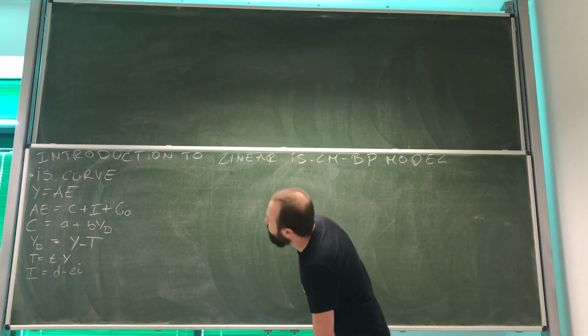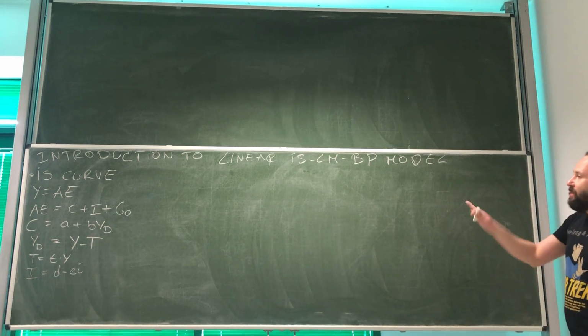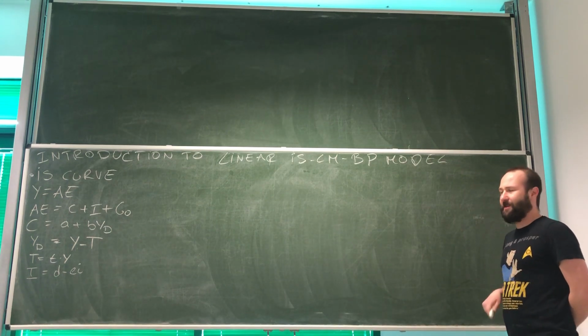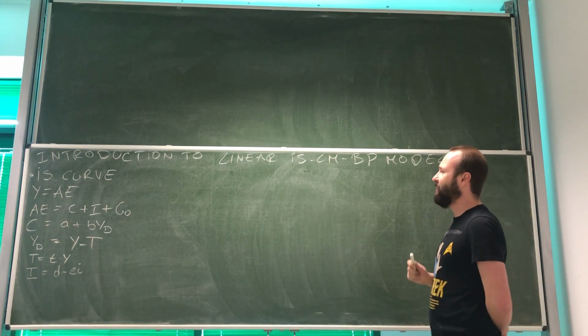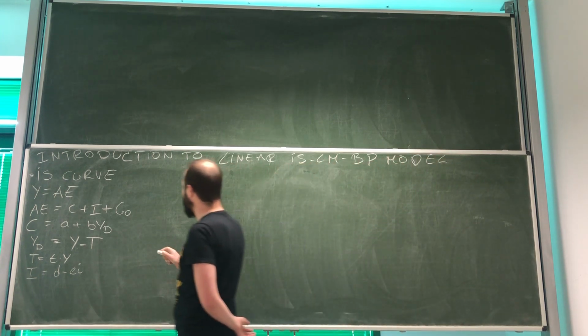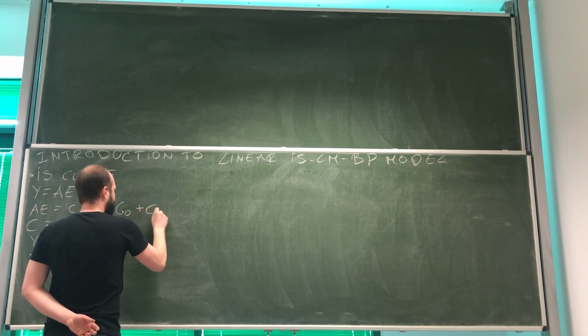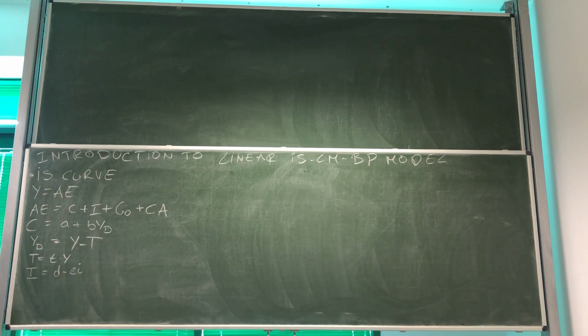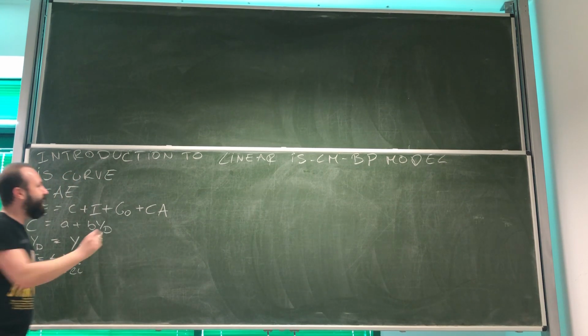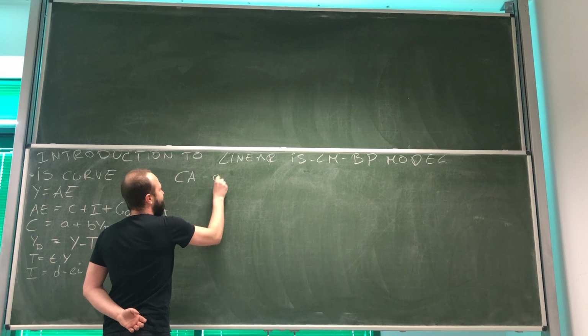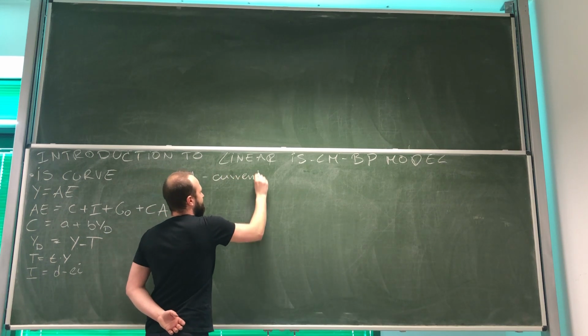And we did it by introducing net exports. Today, we're going to do just the same thing, but in a slightly different way. What I'm going to add over here is the expression CA. CA stands for current account.